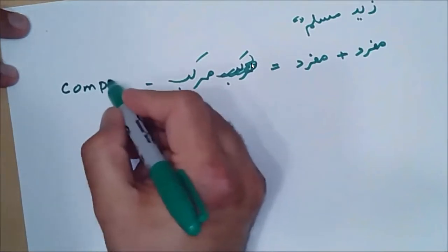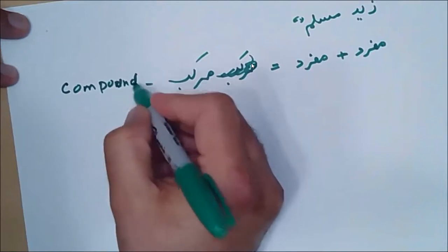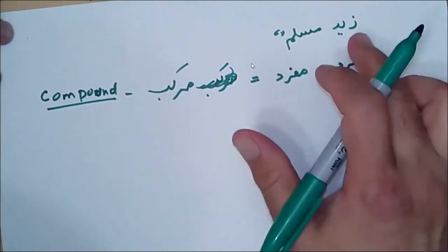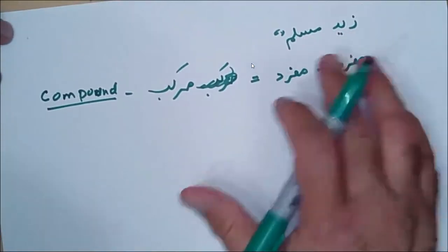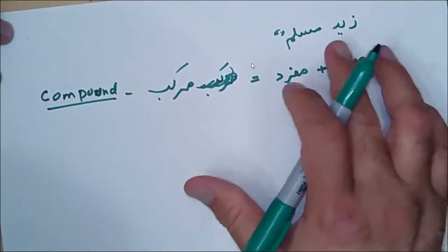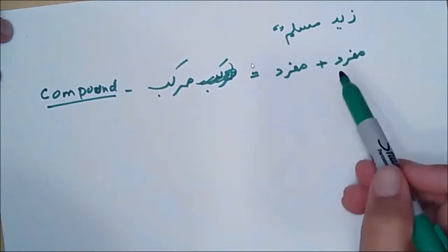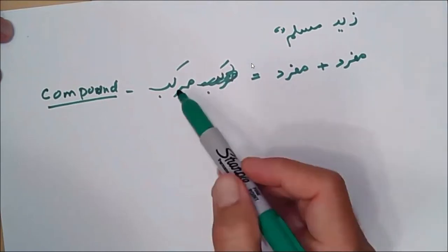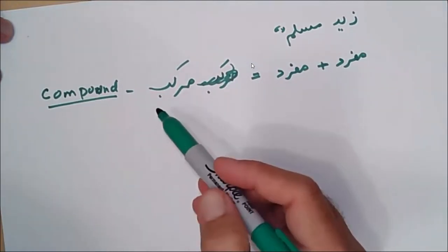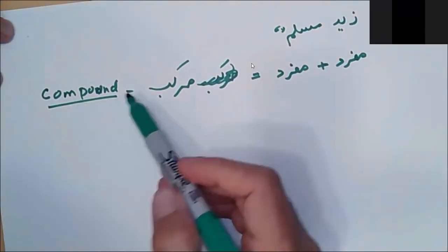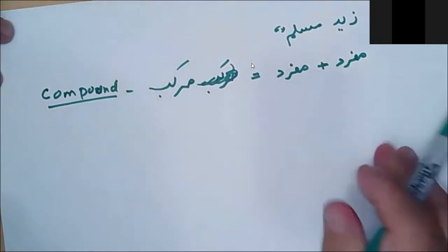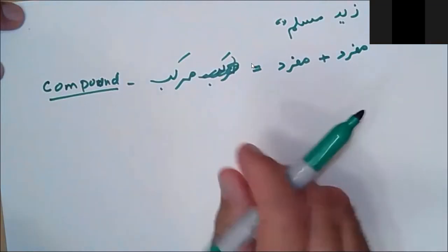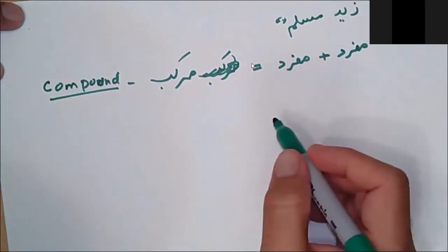Compound. Right? So from the singular words, we're starting with a simple example. When you add one mufrad with another mufrad or more, that becomes a murakkab. In English, we call it compound. So today we are going to learn the murakkabat.